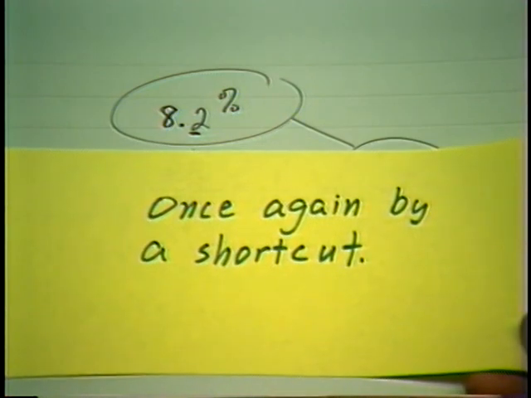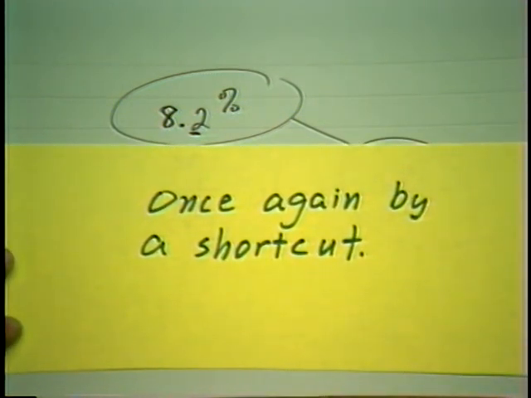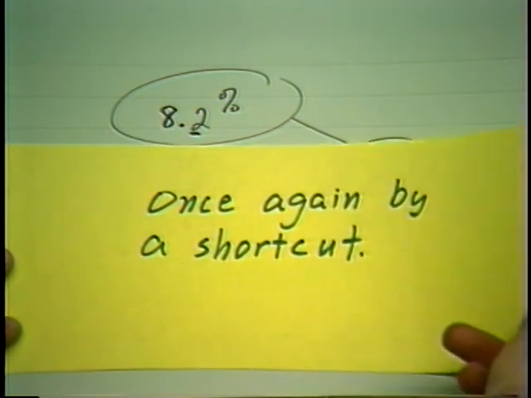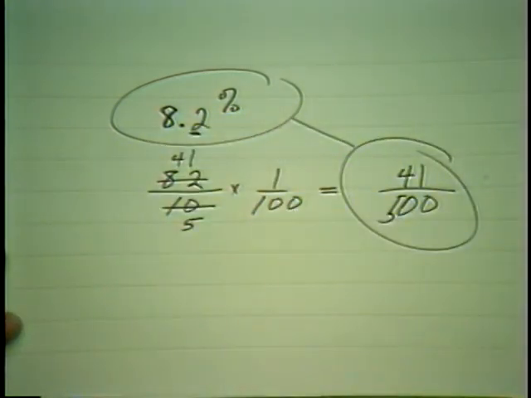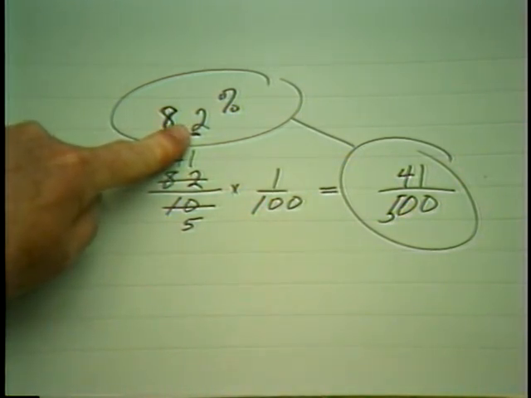Now let's do that one once again by a peculiar shortcut that a few teachers like to teach. Listen to this, and if it strikes you and you can remember, use it. Otherwise, go back to the basic rules we gave you just a moment ago. But this peculiar shortcut is this. Pretend like that decimal point isn't there.